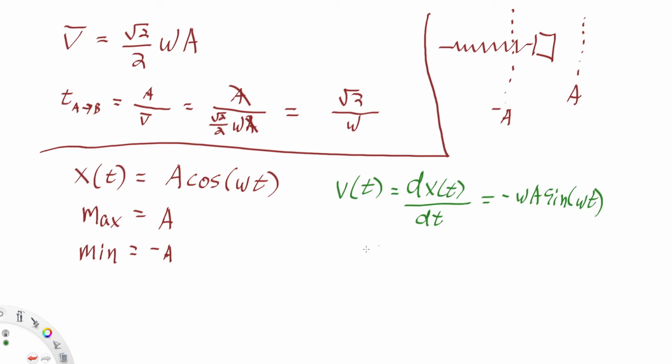What's the maximum and minimum that our velocity can be? What's the maximum and minimum that a sine function can be? Yep, it's negative 1 to 1, same as the cosine function.